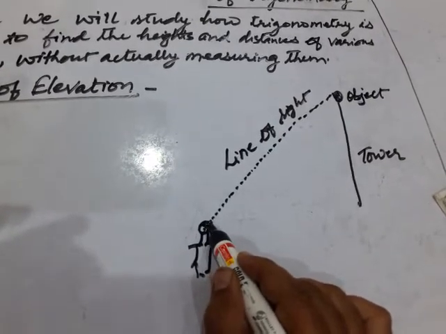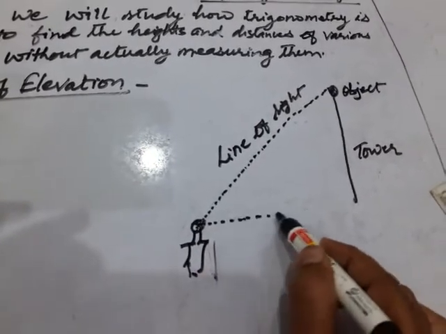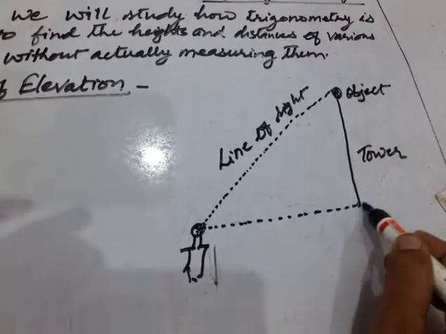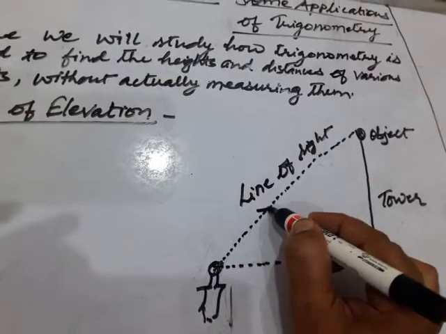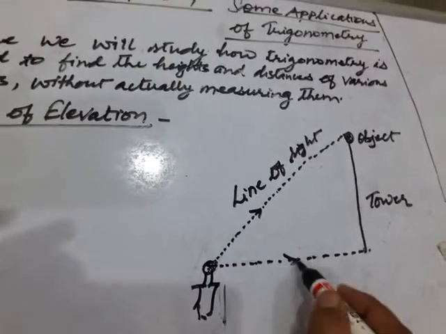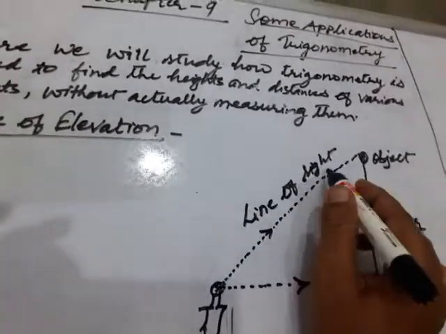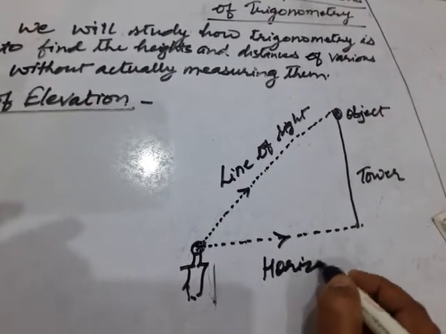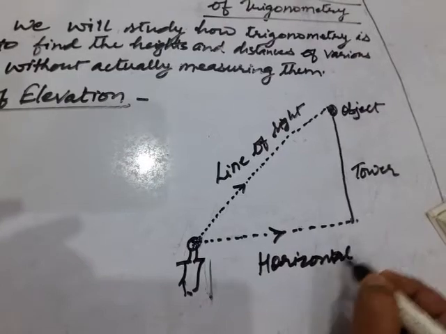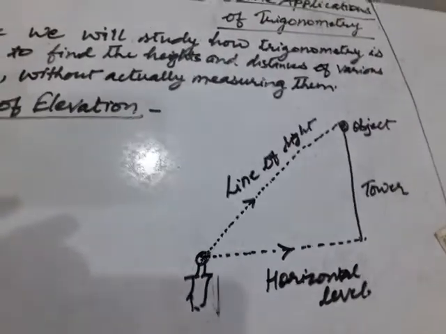One is called the horizontal level. The other is called the line of sight. Okay, children.